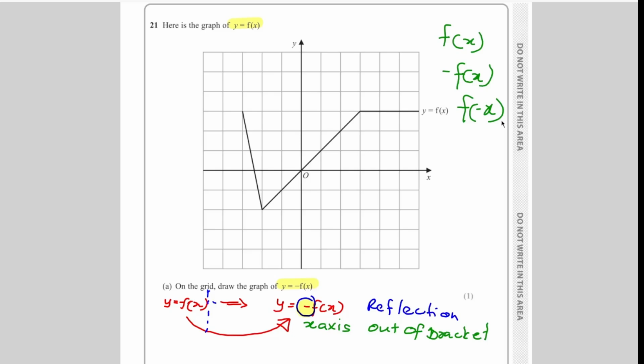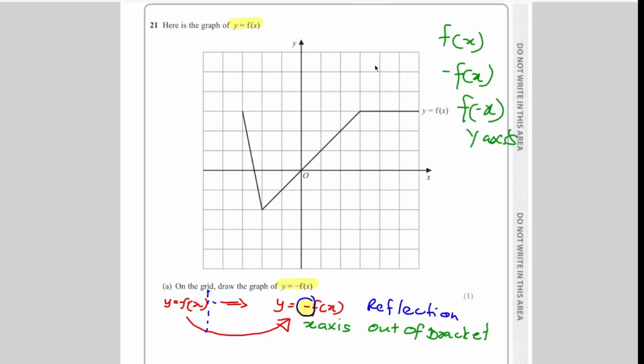Right? When you see the negative sign inside bracket, your mirror line should be y-axis. Right? Now in this case, the negative sign is out of bracket. Therefore, your mirror line is x-axis.